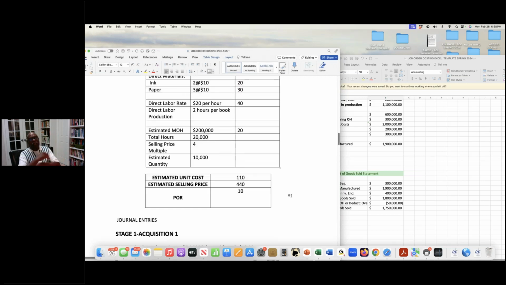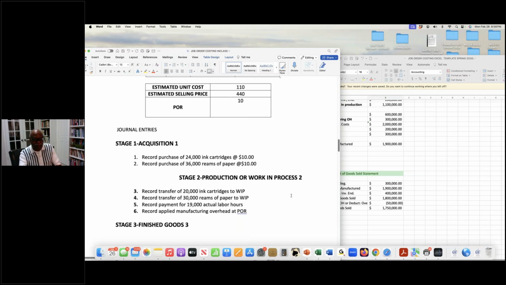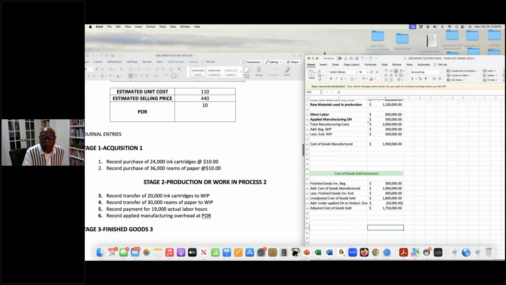Now, let's go to stage 1. In stage 1, we're buying the ink and the paper. Does everyone see that? So we have to make 2 journal entries. I'll just leave this in here so you have this as a guide.